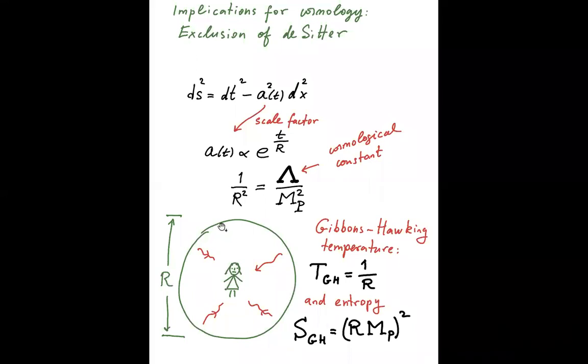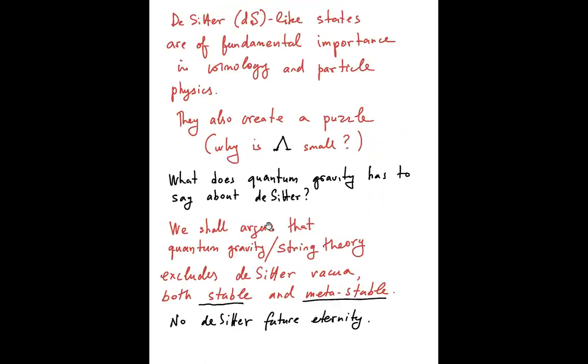De Sitter also has entropy, the famous Gibbons-Hawking entropy. This entropy is pretty similar to black hole entropy because it scales as the horizon area in Planck units. Now, why is de Sitter important?